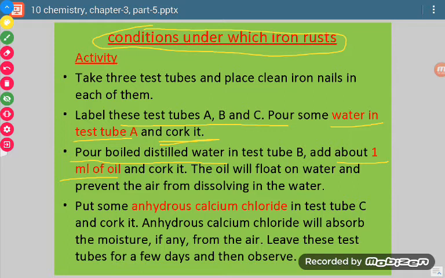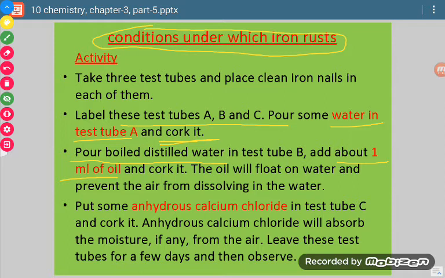So when we boil, those air molecules go out, and because of that there is absence of air. When we add boiled water and then 1 ml of oil, the nails will be completely immersed in water and a layer of oil will be on the top.